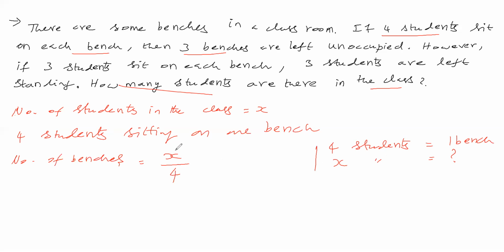Then 3 benches are left unoccupied; that 3 we will write. So the number of benches is equal to x by 4 benches plus 3 benches left unoccupied. Therefore, number of benches equals x/4 + 3.